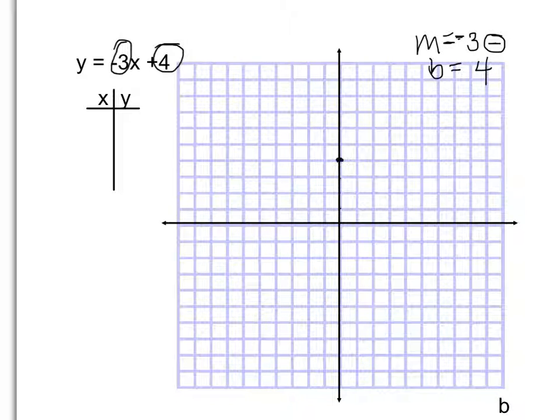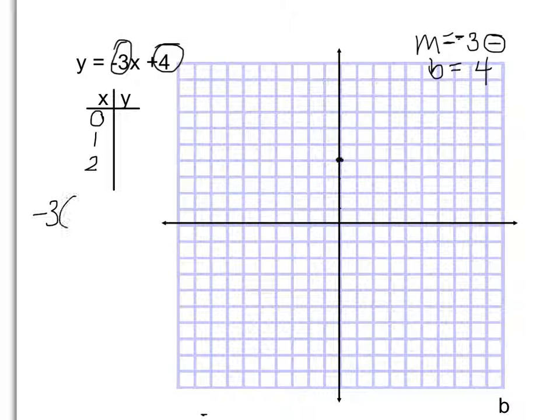Next thing I'm going to do, I'm going to go ahead and plug in my favorite numbers for using slope-intercept form, 0 and 1. And because I'm just multiplying a whole number by a whole number, I'm going to go ahead and use 2 for the next one. So let's plug this in.